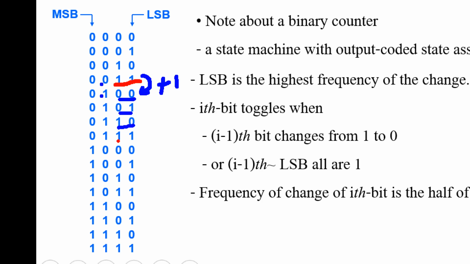But whenever the digits are 1 1, the next clock tick adds 1, so a carry out occurs, and the value of this digit will change. If the digit is 1, it changes to 0. If the digit is 0, it changes to 1. So this digit also: if the previous digits are 111, when the clock ticks, it changes value. And this one also, 111, when the clock ticks, it changes.